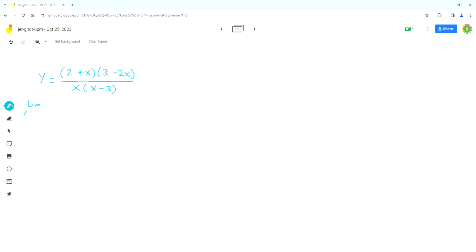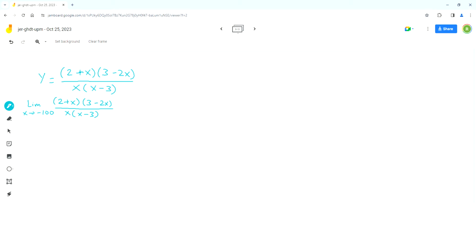So limit x approaches negative 100, so then 2 plus x times 3 minus 2x over x times x minus 3.